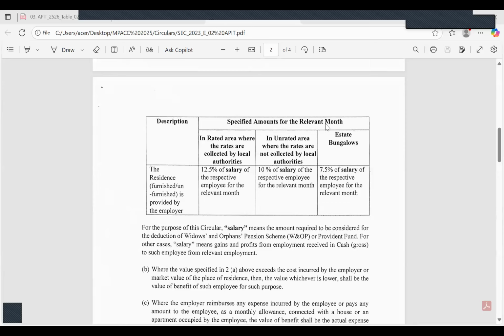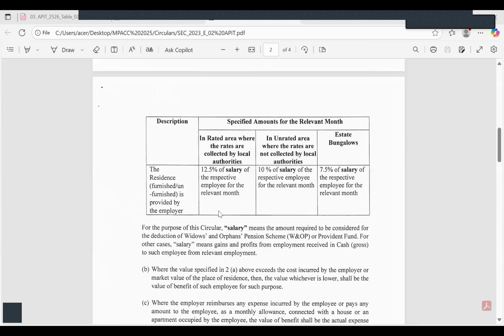Specified amounts for the relevant month. So after considering the month value, we have to multiply it by 12 to consider the value or benefit for the year. So if we have given a house in a rated area, then how do we determine the value of that residence?